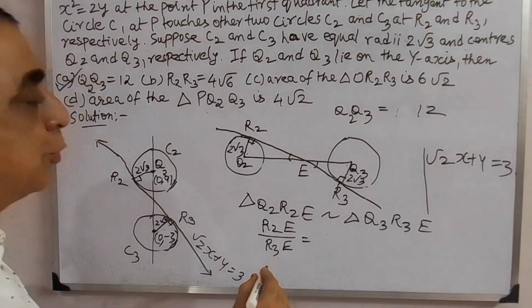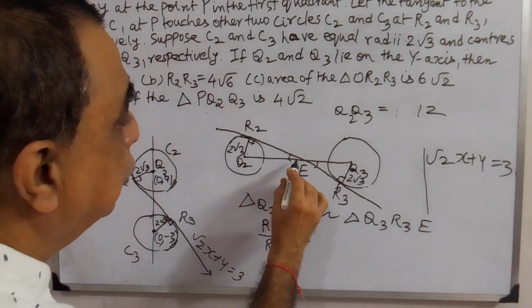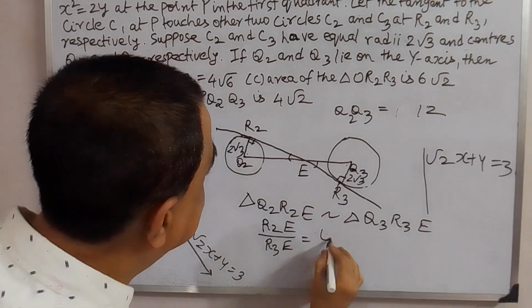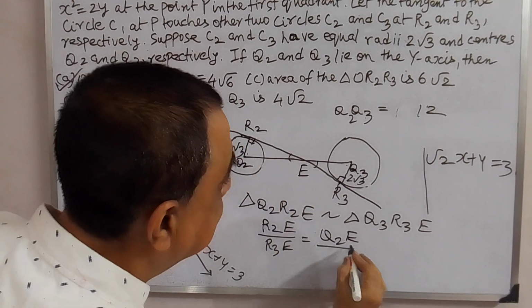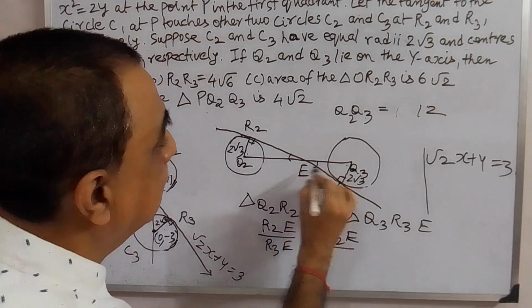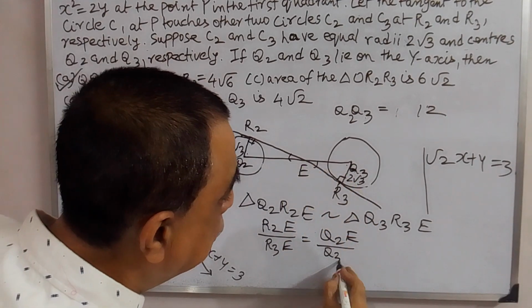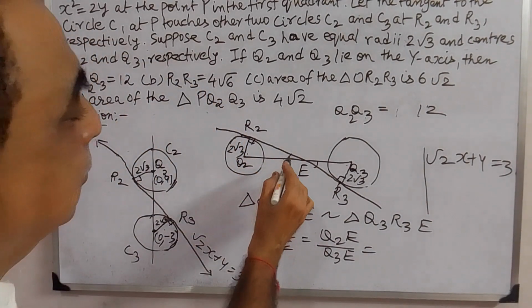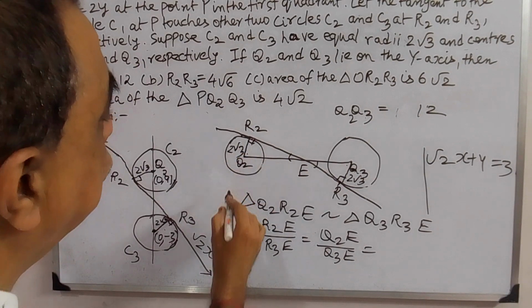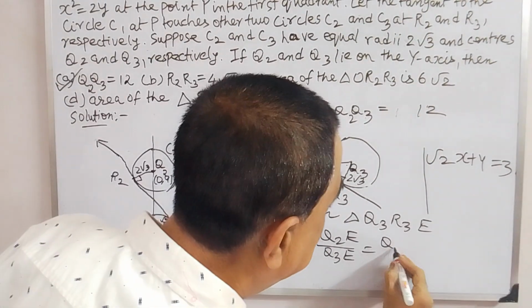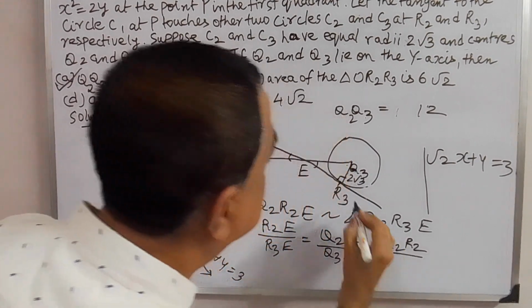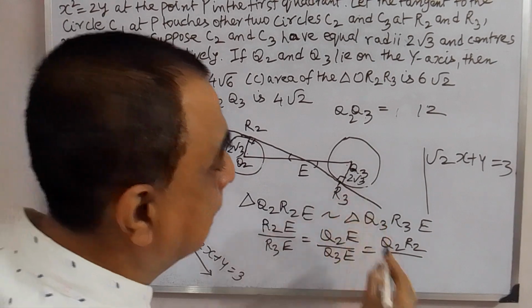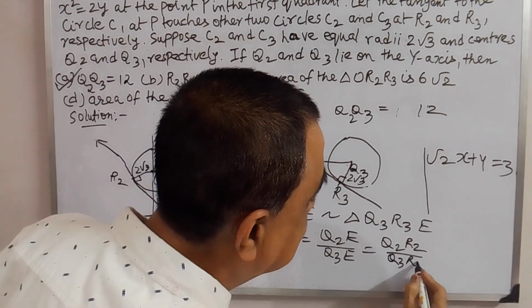R3E will be equal to what? Q2E, which is opposite to the 90 degree angle, divided by Q3E, divided by the vertically opposite angle's opposite side, Q2R2, divided by Q3R3.